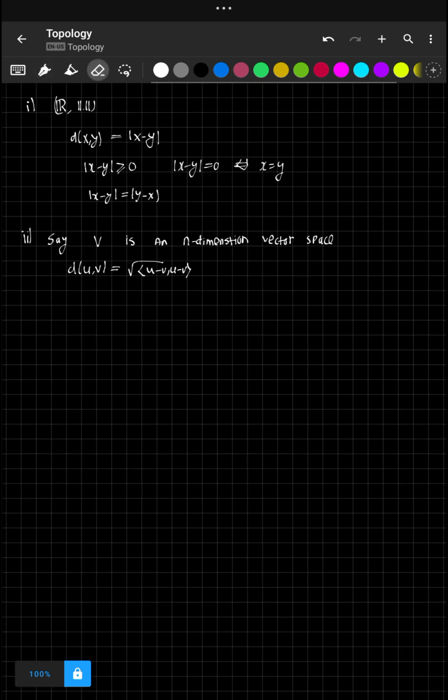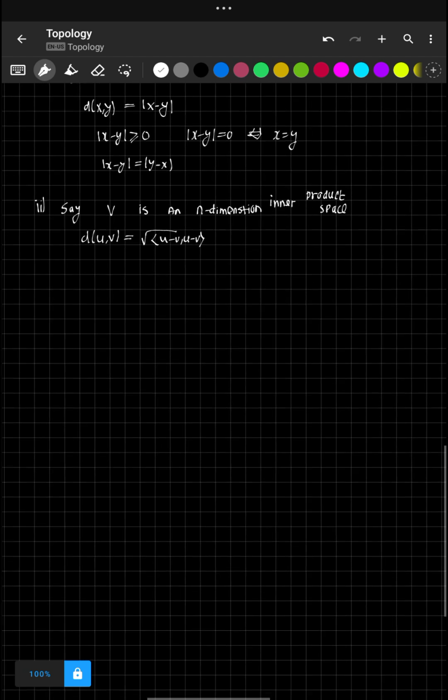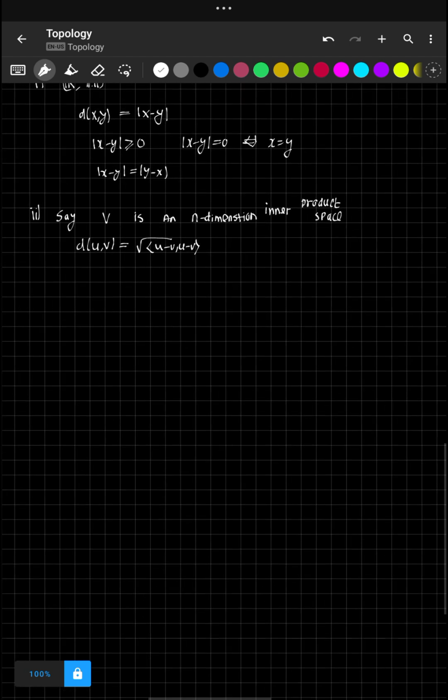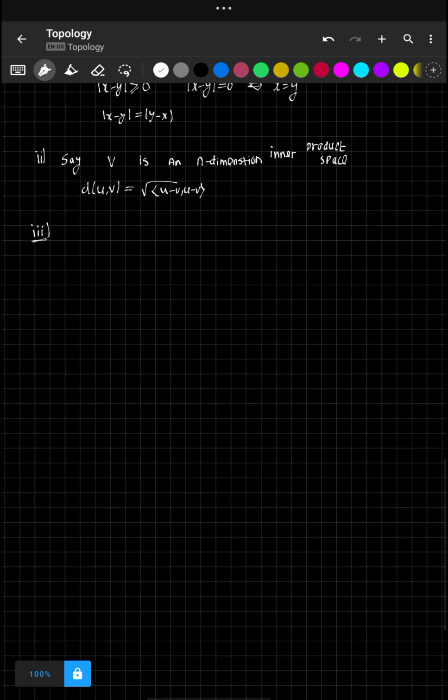I think I should have said inner product space instead of vector space, but it doesn't matter, since every space can be made into an inner product space. That was just for completeness. So these were some trivial examples. Now we'll look at a weird metric that we might not have seen a priori.